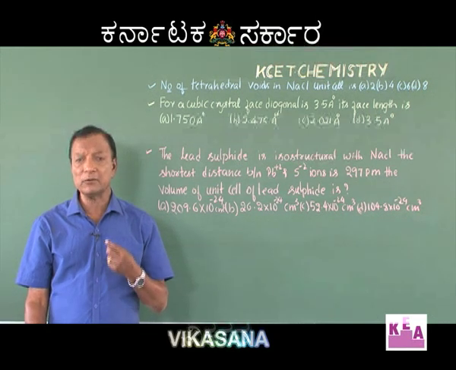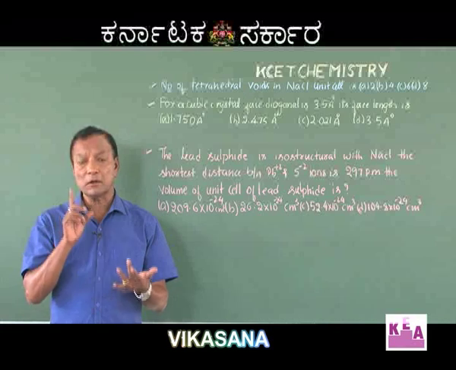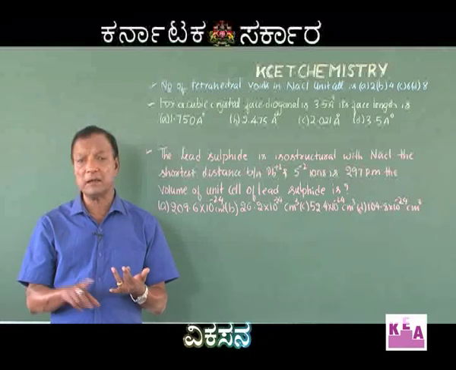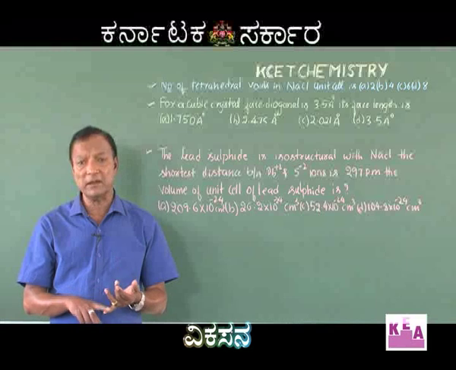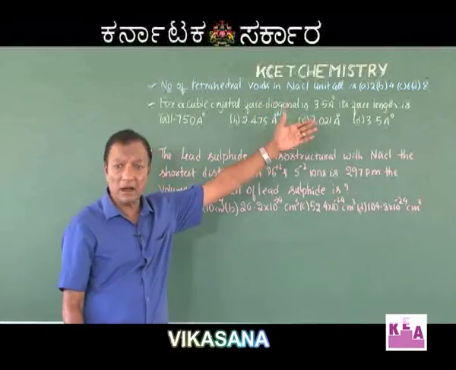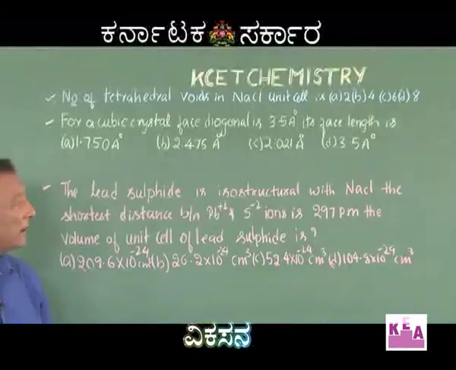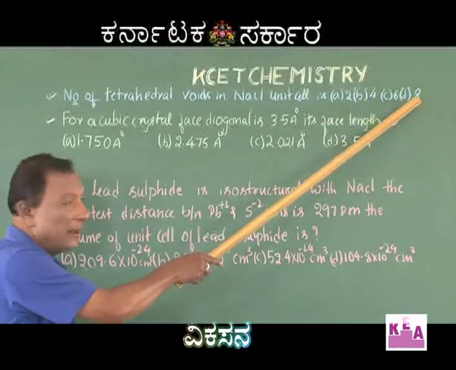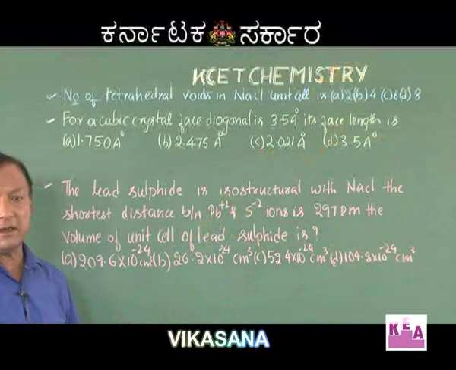So the calculation becomes very simple. 4 particles, 2 tetrahedral voids per particle, and the total number of tetrahedral voids will be 8. So it is as simple as we can hope for. It is option D: number of tetrahedral voids equal to 8.